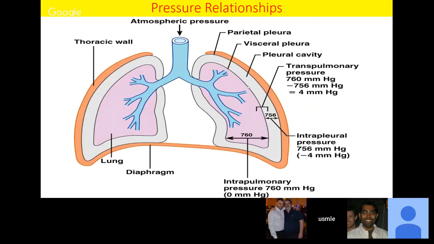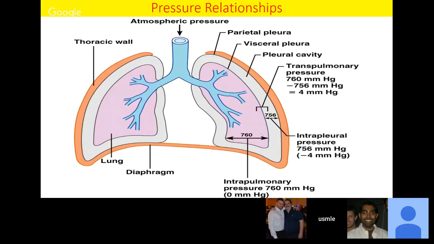And it's the space between where you have what we call the intrapleural pressure. It is going to be a value of 756 millimeters of mercury, a difference of -4 millimeters of mercury in regard to the intrapulmonary pressure, which is 760.